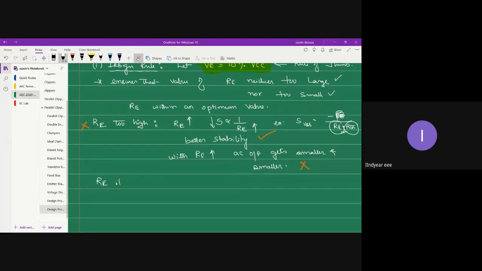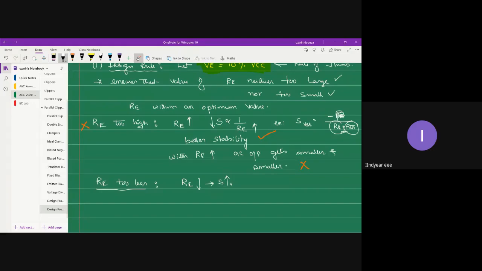Next we have low value. So RE too less. What will happen if you go for emitter resistance value which is very, very small? The opposite effect you are going to get. With the reduction in RE value, the stability factor increases, right?